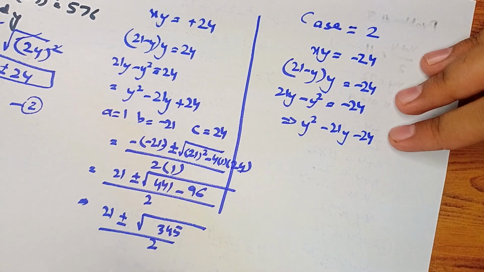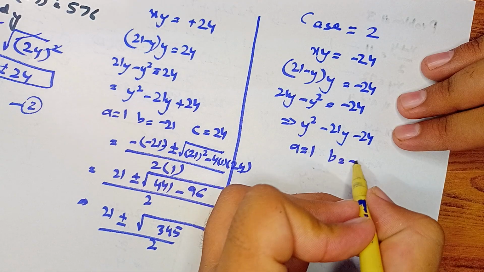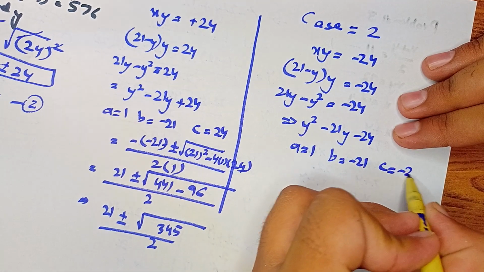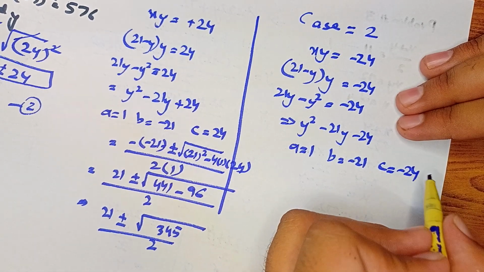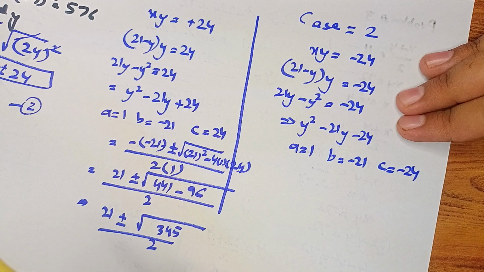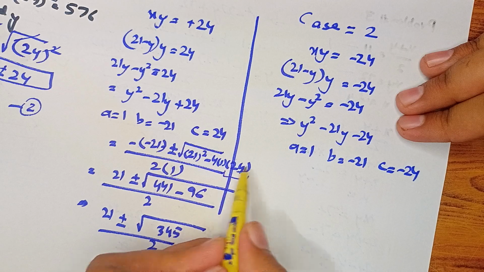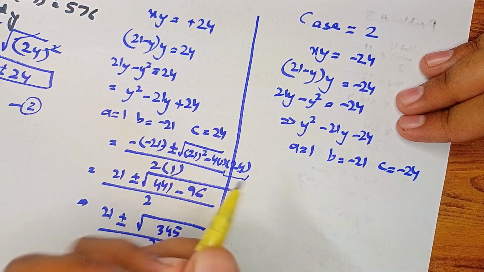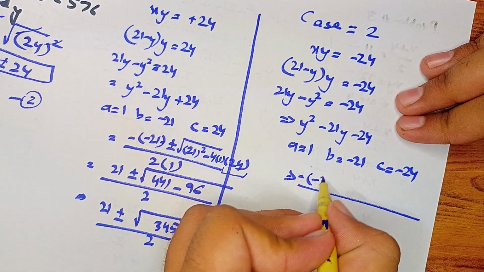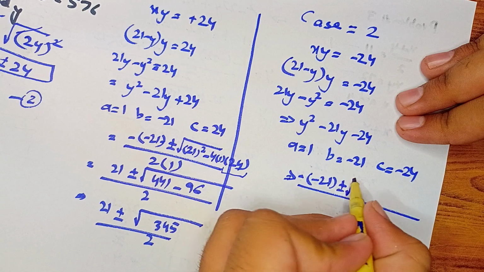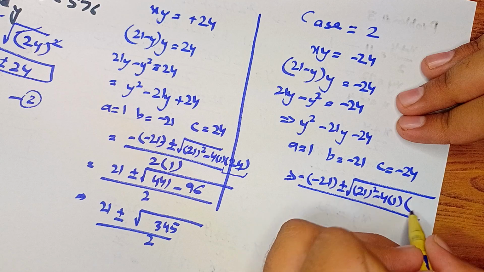But there is a small difference here, which is c equals minus 24. So we have to change only the c value, where we put c as minus 24. The sign changes, so minus minus 21 plus minus the square root of 21 whole square minus 4a, and c should be minus 24.